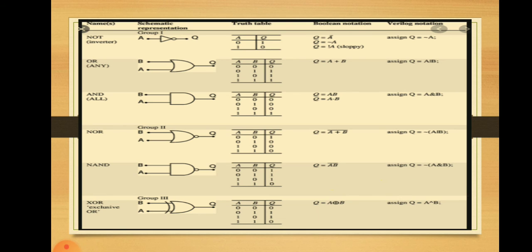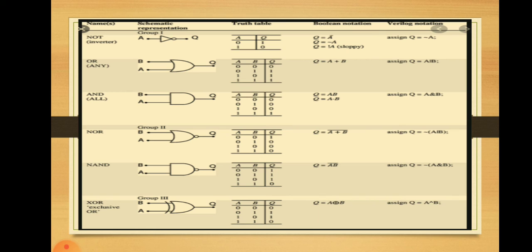Then this is a diagram of the name, semantic representation, truth table, Boolean notation, and vertical notation. For the NOT gate, this is the symbol, then the truth table, this is the Boolean equation, then the vertical notation. Same way for the OR gate: truth table, Boolean equation.